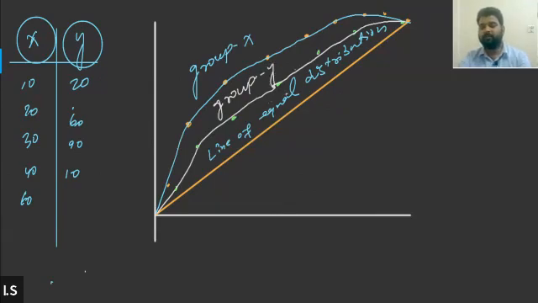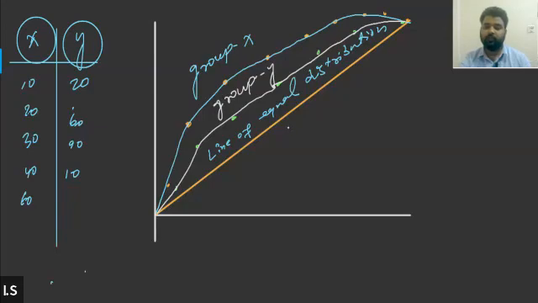Now, after the presentation of the various values on the graph, how are we going to decide in which case dispersion is higher, whether in case of group X or group Y? For that purpose, we compare both these lines with the line of equal distribution.